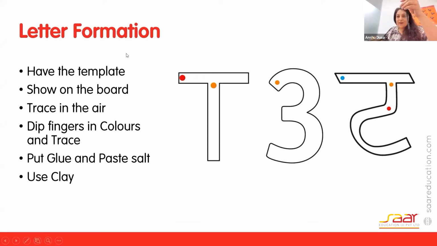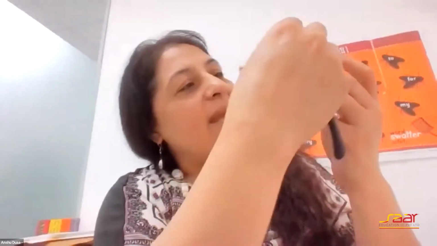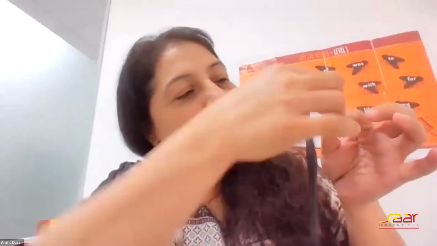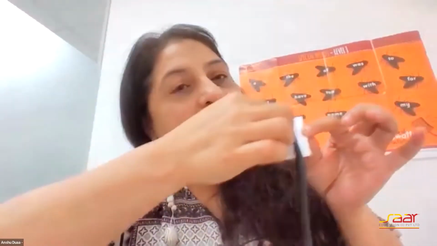Why I would require a long one? I would require a long one because there is a start point and there is a stroke. And I cannot break it. I cannot break this. So if this is my start point, I have to put the stroke. So this is my start point. If you can see my start point, right?